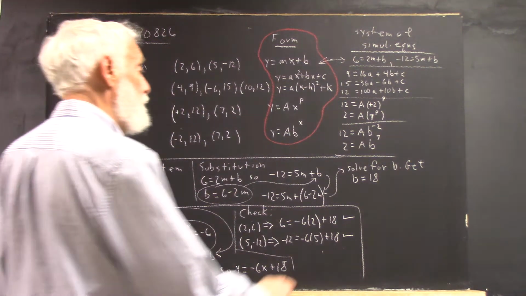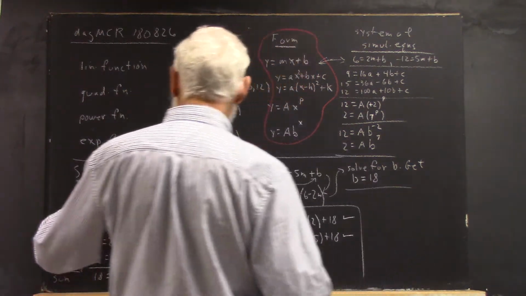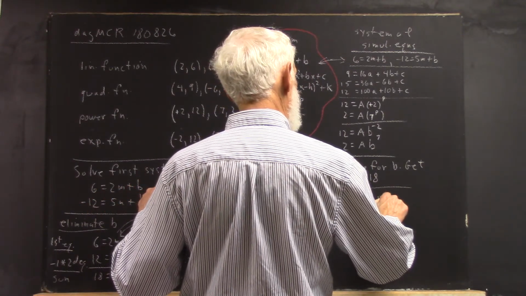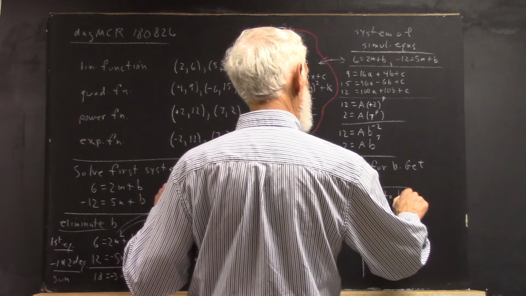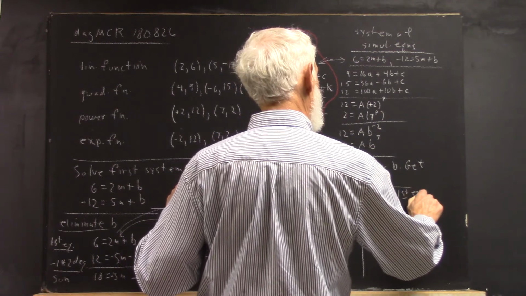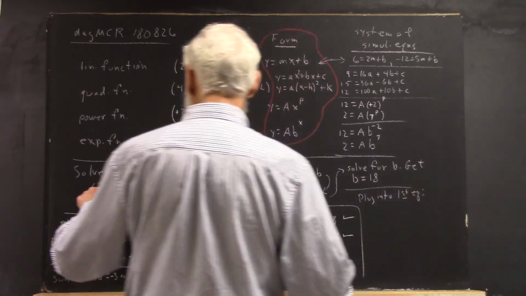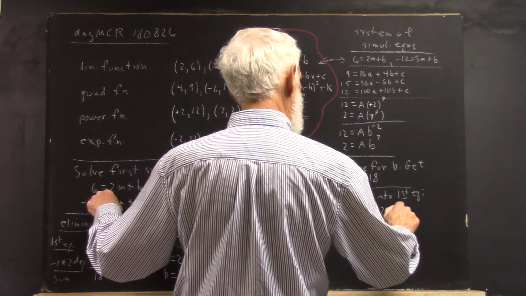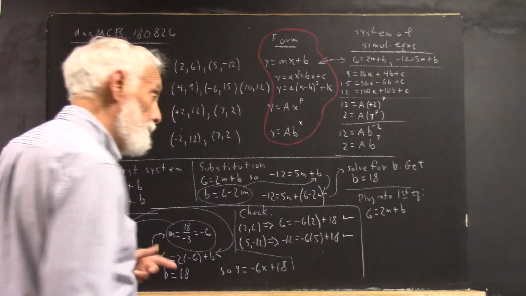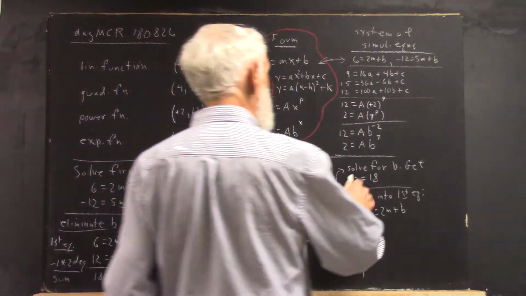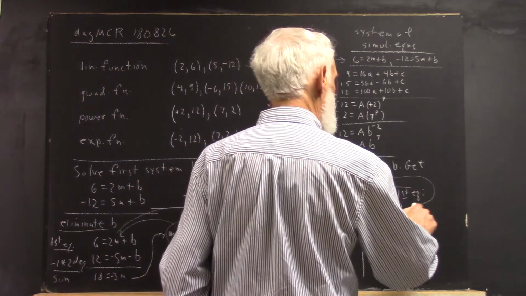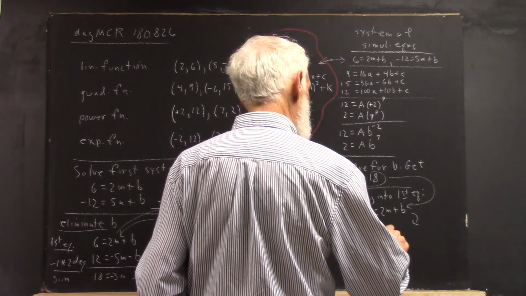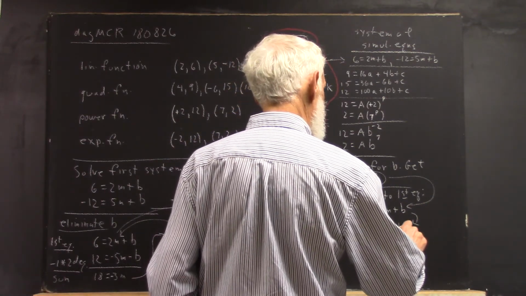So now we have b equals 18. We have our first equation. Well, I'll write it out. 6 equals 2m plus b. So we plug in b equals 18, which gives us the equation 6 equals 2m plus 18.